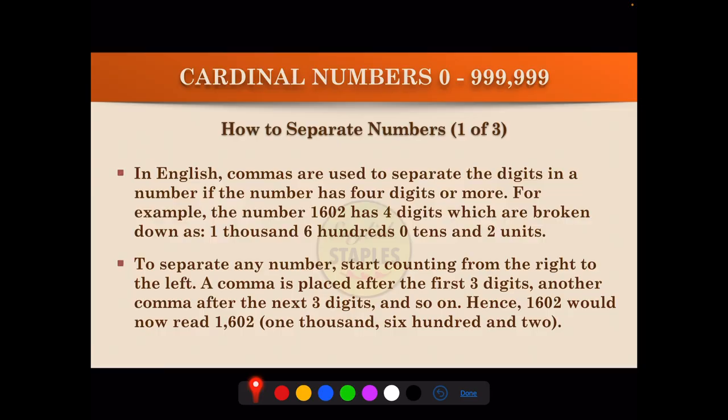We'll look at this breakdown a little bit later. To separate any number, start counting from the right to the left. So that's the direction that you go, from the right to the left.